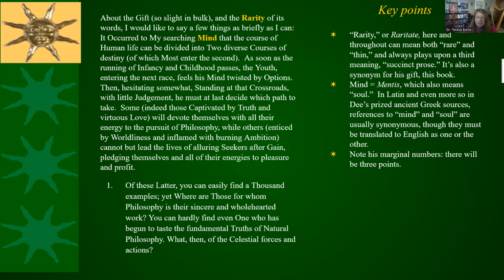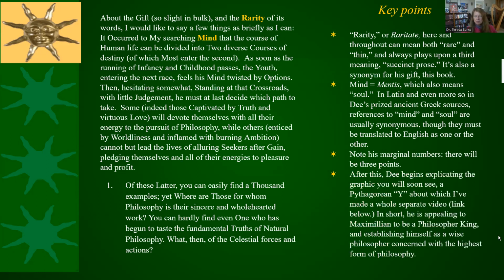What then of celestial forces and action? Of course, Dee has written another whole book, the Propaedeumata Aphoristica, that he sent to Mercator, looking at celestial forces and actions. And he thinks that is a fundamental teaching that you should know before you learn anything else. In fact, that's what Propaedeumata Aphoristica means, even though people have tended to treat it as a manual for navigation.